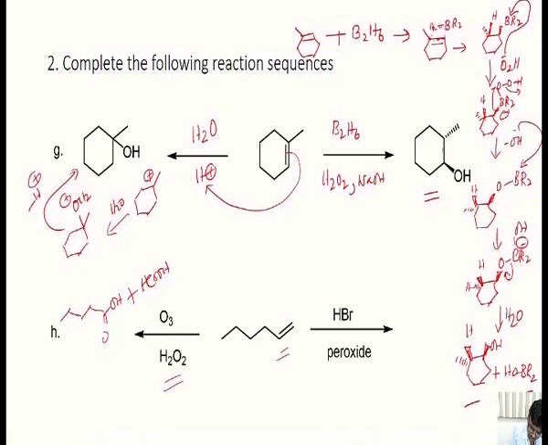On the other hand, when you use hydrogen bromide in the presence of peroxide, it can undergo addition reaction via radical pathway. In the presence of peroxide, for example, when you use this peroxide, it can undergo homolytic cleavage.